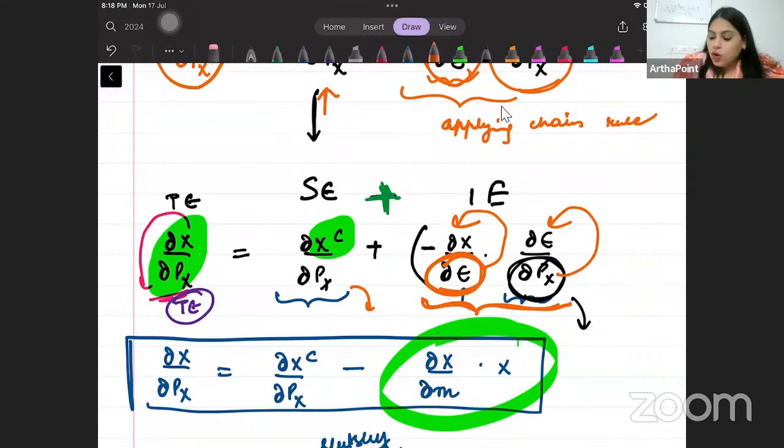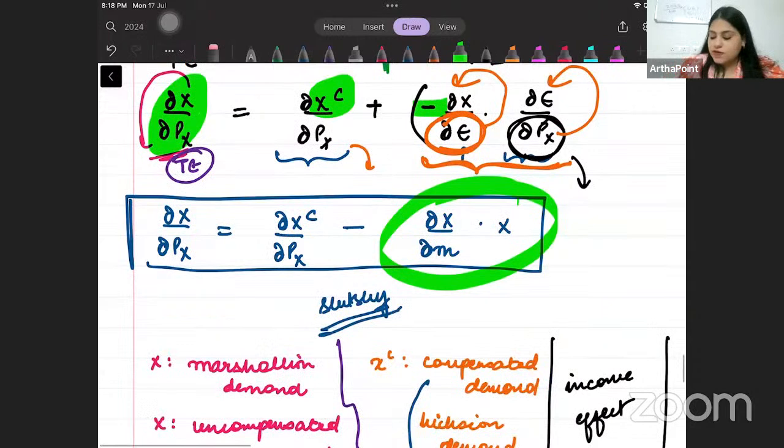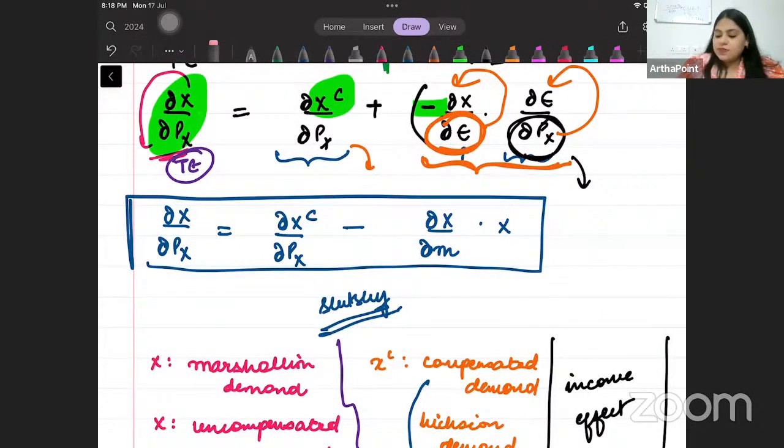Now, look at this negative sign. Okay, let me take it down. Equation of Slutsky. Okay, let me show it again. But this itself is the equation of Slutsky. This is the final equation. And this is just one version back.